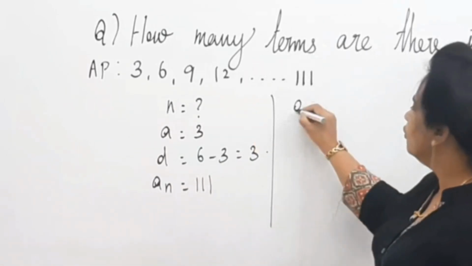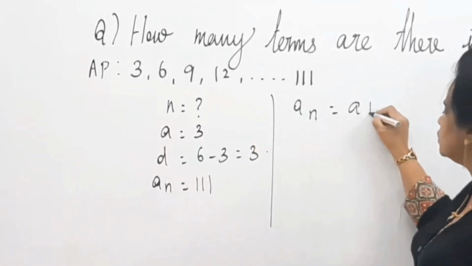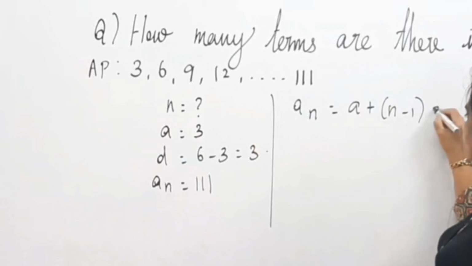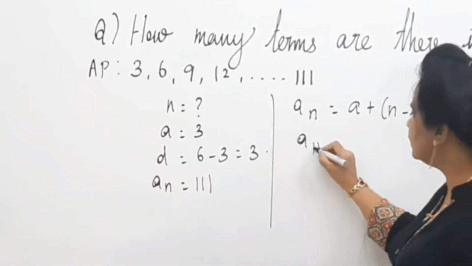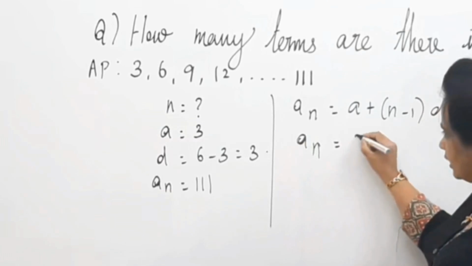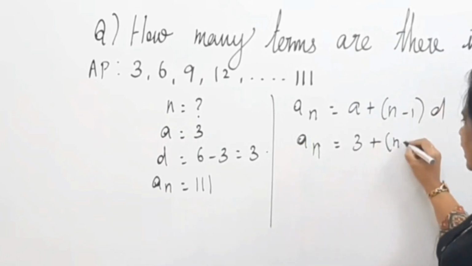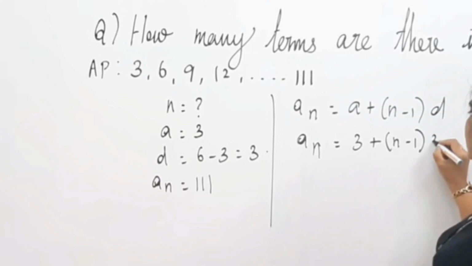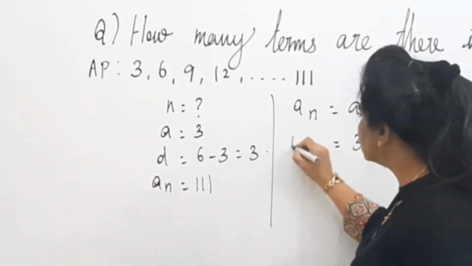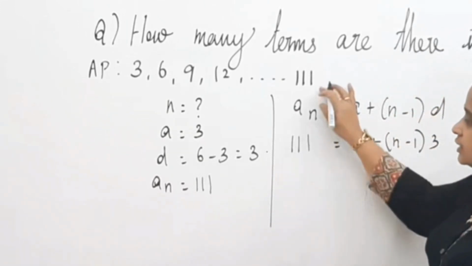So also given. So I go for substitution. AN is A plus N minus 1 into D. I do not know N, so I will write it as AN, and A is 3 plus N minus 1 into D is given 3, and here AN is given as 111, the last term.